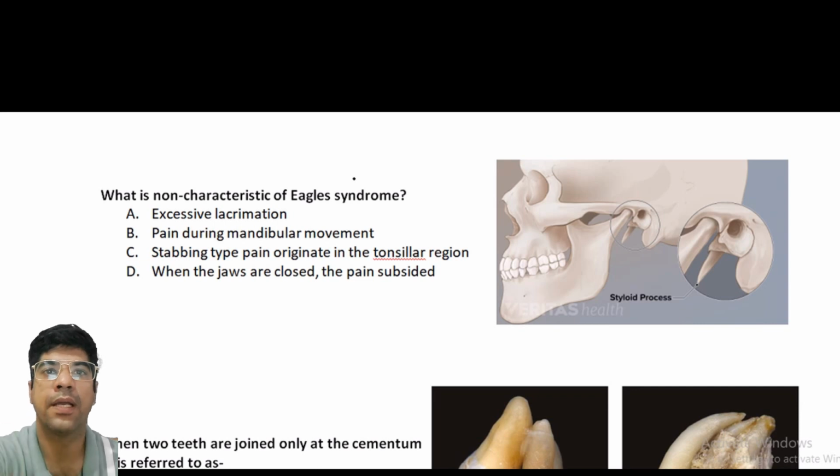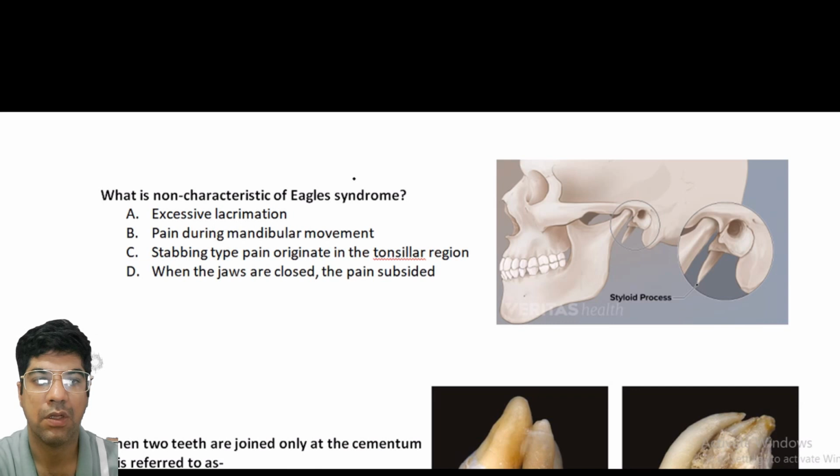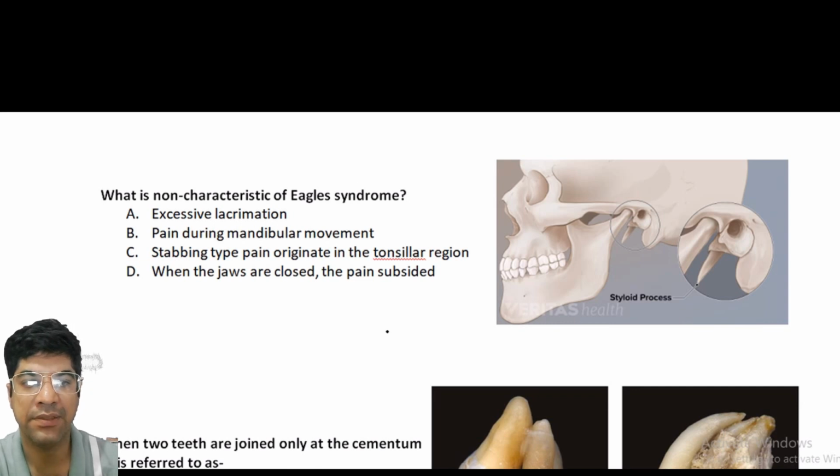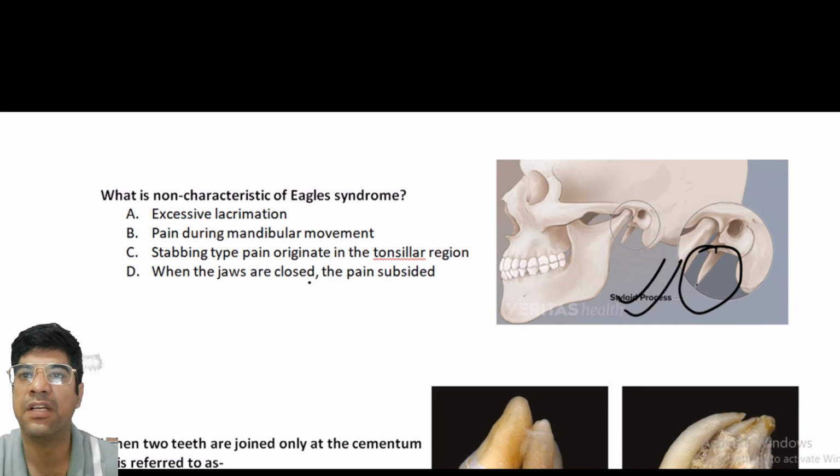What is the known characteristic of Eagle syndrome? Eagle syndrome is a condition characterized by elongation of the styloid process. That would cause a severe stabbing pain in the tonsillar region.